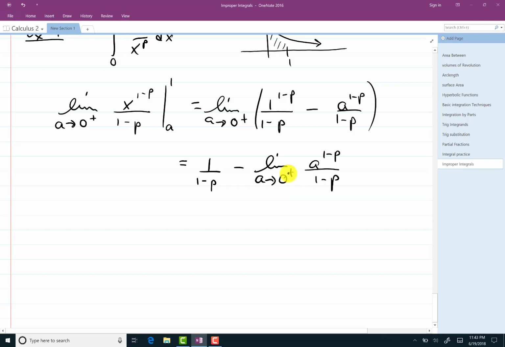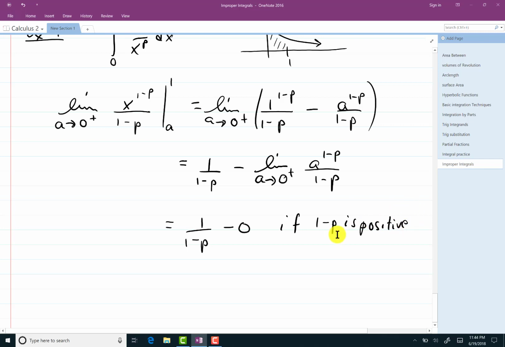Now, how do these limits work out? Now, as long as this exponent is a positive number, then I can just plug a equals 0 in, and you get 0. So this will equal 1 over 1 minus p minus 0 if 1 minus p is positive.